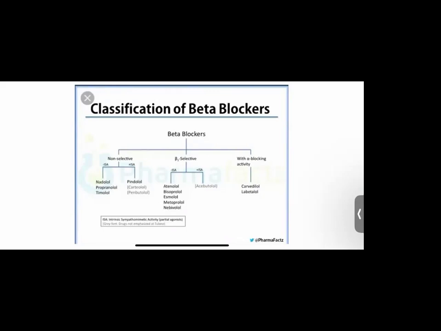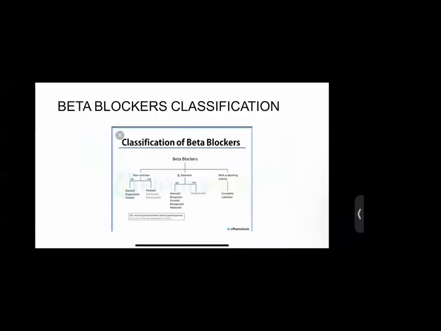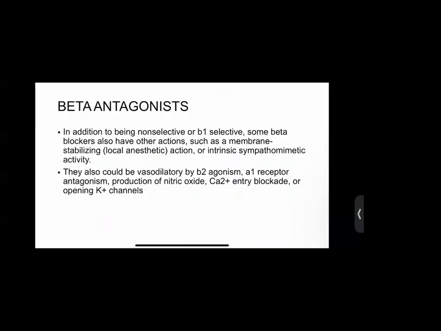In addition to being non-selective or beta-1 selective, some beta blockers also have other actions, such as membrane stabilizing effects, local anesthetic action, or intrinsic sympathomimetic activity, as I have just said. They could also be vasodilatory by beta-2 agonism and alpha-1 receptor antagonism.